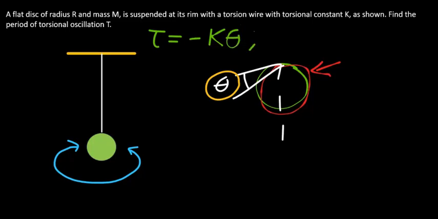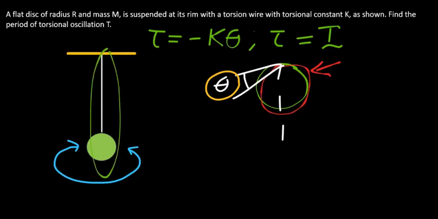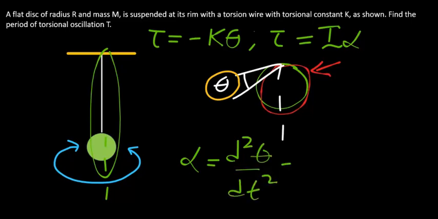But we also know, according to Newton's second law for rotation, torque can be written as the moment of inertia of this body about an axis passing through, like that, times the angular acceleration, where the angular acceleration alpha is d2 theta dt squared, or simply theta double dot.